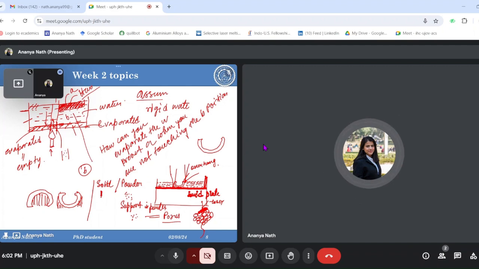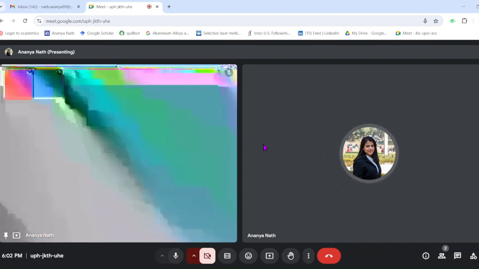For that I need to have some support which is solid. Only then the powder present over this solid support, if this is a solid support, and here the powder is spread, can the powder get the heat from the laser and get melted.